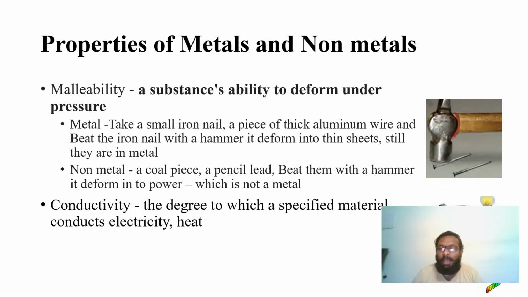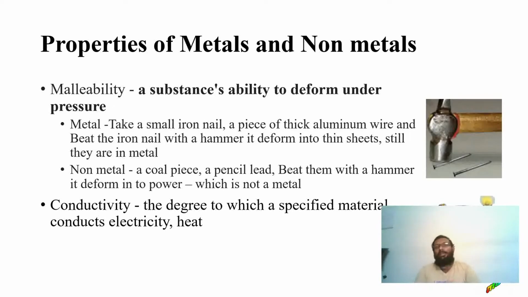Say, for example, aluminum foil. A sheet of aluminum can be converted into aluminum foil, which can be used for wrapping food materials. So metals have the property of malleability, where one structure is deformed into another. But non-metals don't have malleability.